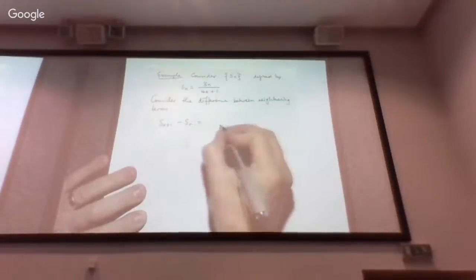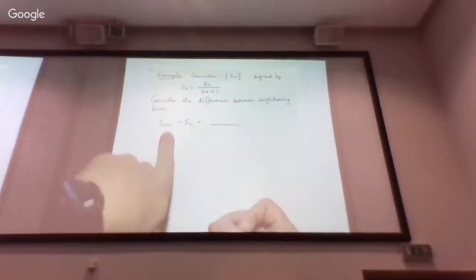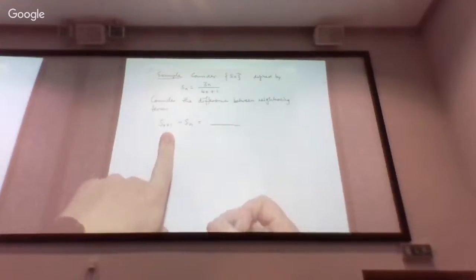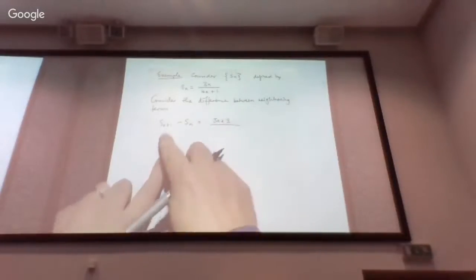And here's where you just have to be a little bit careful, proceed carefully. What is Sn plus 1? What is it not? It certainly isn't a fraction with 3n plus 1 on the top. What's on the top of the fraction for Sn plus 1? 3n plus 3. Yeah. Careful when you're substituting in new values for the index.